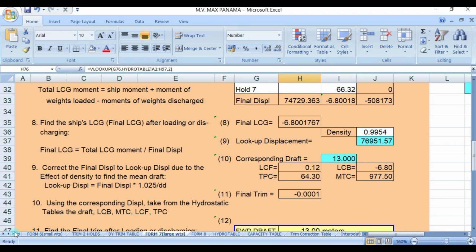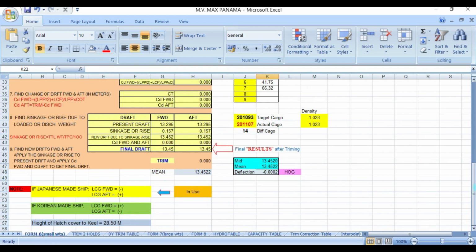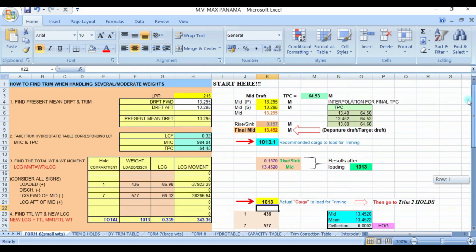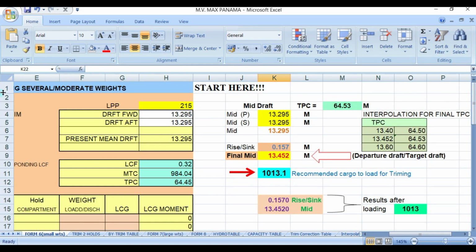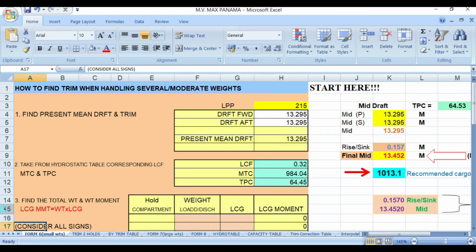Not unlike in form number 6, how to find trim when handling several moderate weights. Here you don't apply your density.